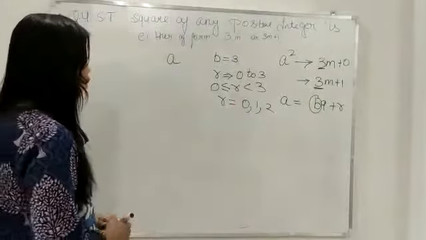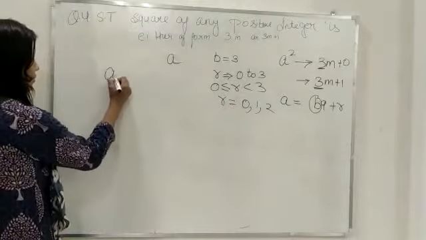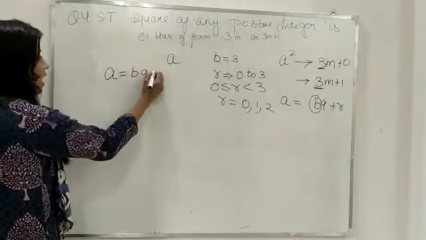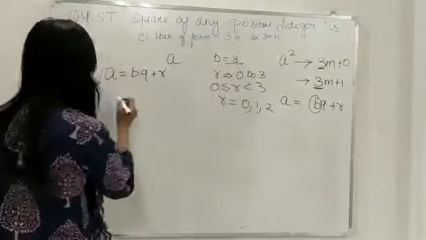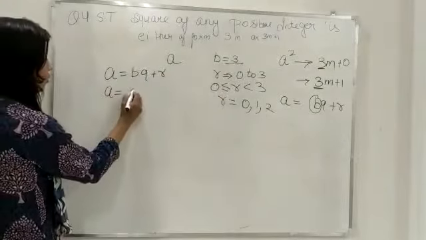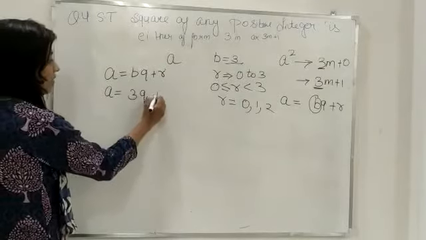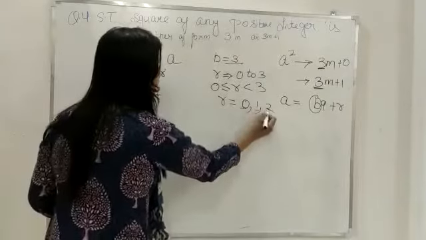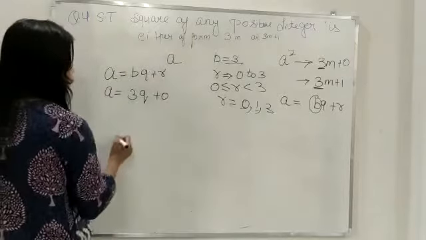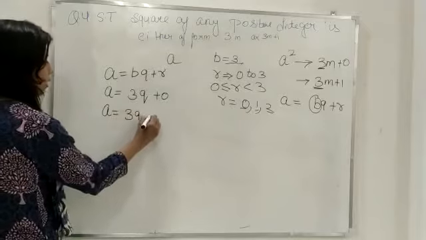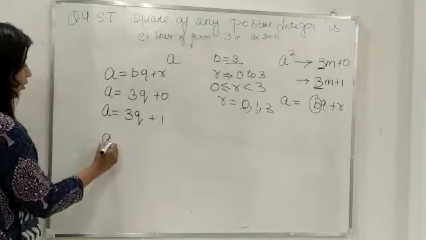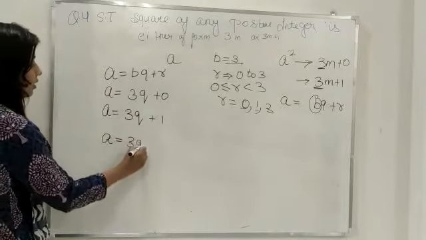Fine. So my a can be bq plus r. Since I am taking b as 3, I will write a is equal to 3q plus r, where r can be 0, 1, 2. So it can be either 0 or 1 or 2.